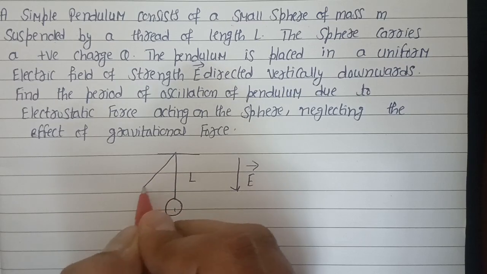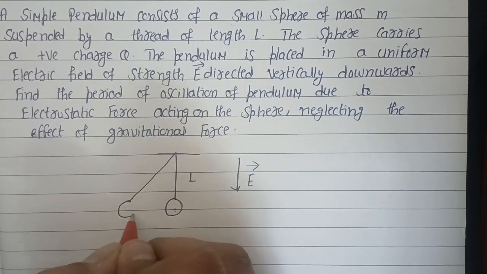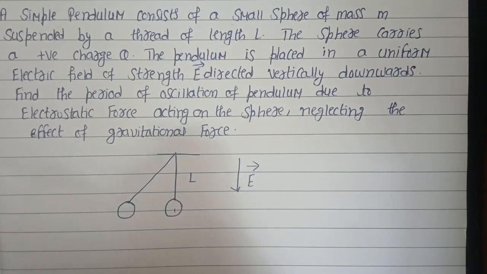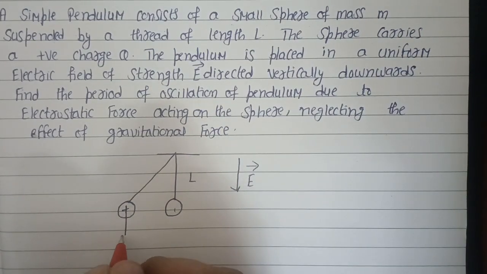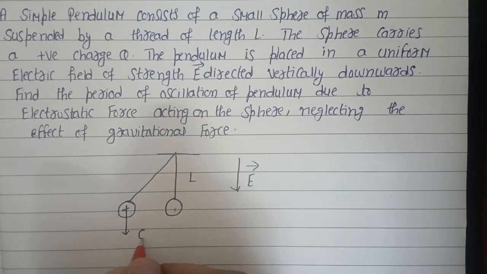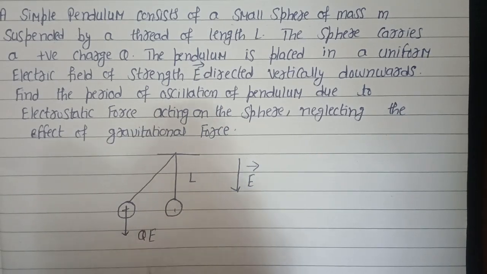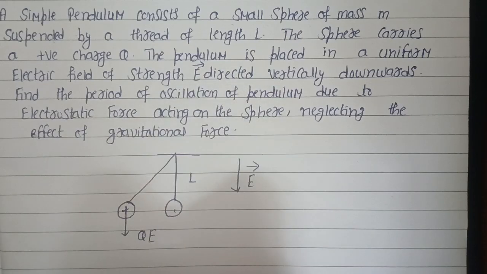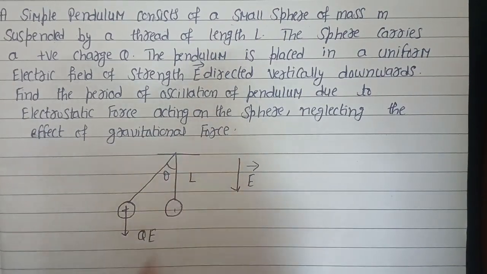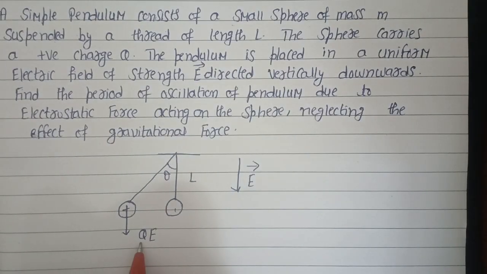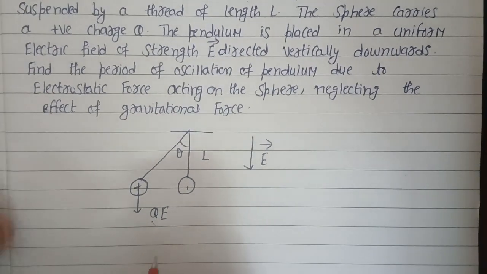Now when the pendulum comes to its extreme position, due to its positive charge, the force acting is in the downward direction, that is QE. Right? Now if I take this angle as theta, we have to divide the component of QE into two parts.